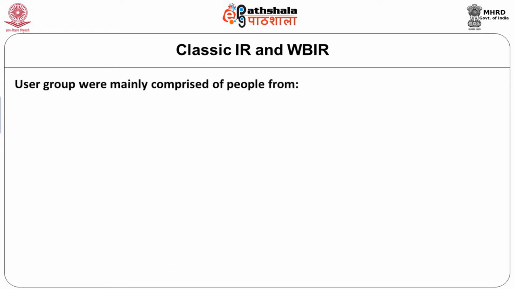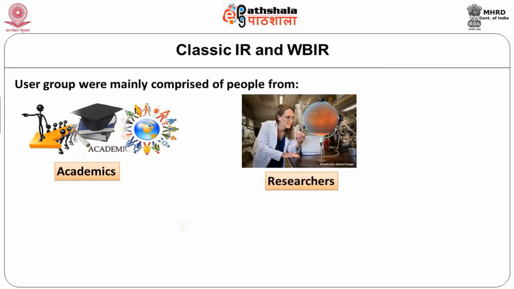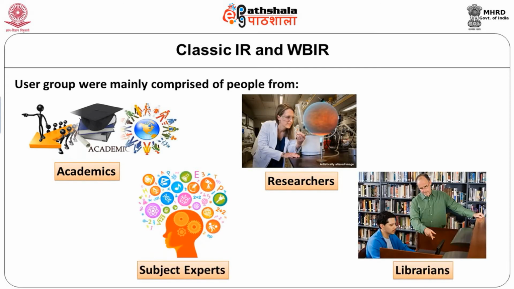The user group were also mainly people from academia, research, subject experts or librarians. These people are well aware of search keywords, search techniques, and how to find a particular document.